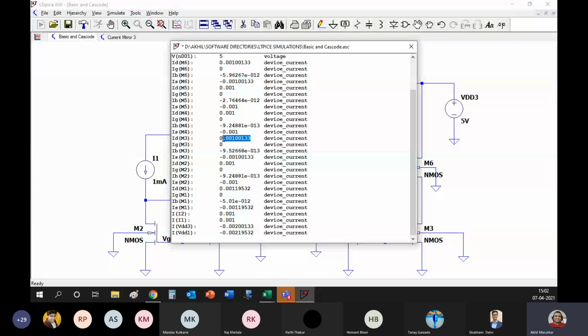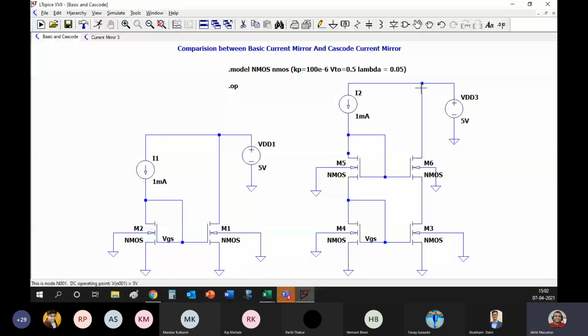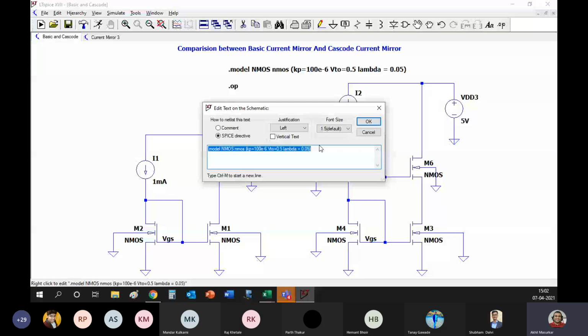Now let us make channel length modulation more severe. Instead of 0.05, let me double it, that is 0.1.